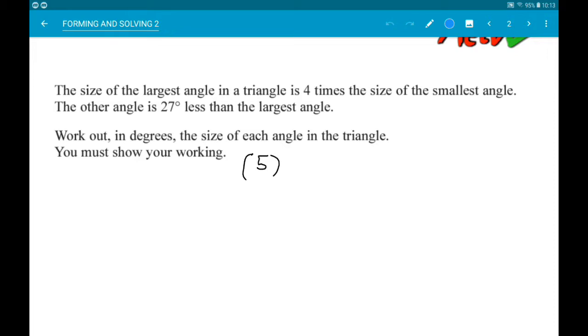Okay, so first of all we need to work out how to write down the size of each angle. Given that we're told the largest is 4 times the smallest, I'm going to call the smallest x. So S for smallest is x.